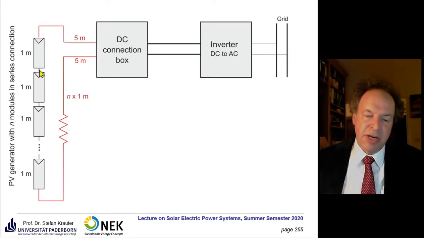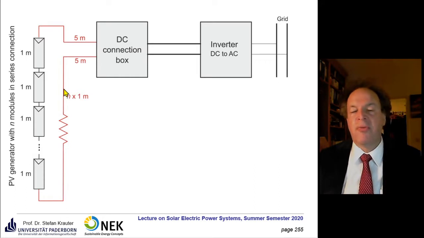These interconnections we don't have to consider because these are carried out with the pre-attached wires already. But the cable going from the minus pole, from one end to the DC connection box, we have to consider.